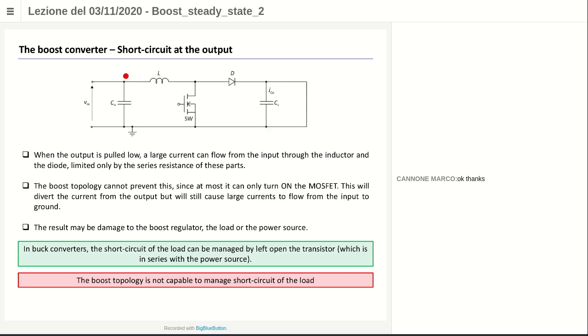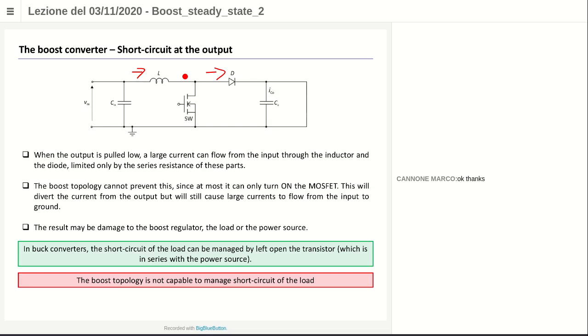So there is a large flow of current that enters the boost converter, flows to the inductor, and flows to the diode when the short circuit appears at the output. The only way to limit this current is the small parasitic resistance that you can have in series to the inductor, or maybe in series to the diode, or on the input side. But they are small parasitic resistances, so they cannot limit the current flow in an effective way.